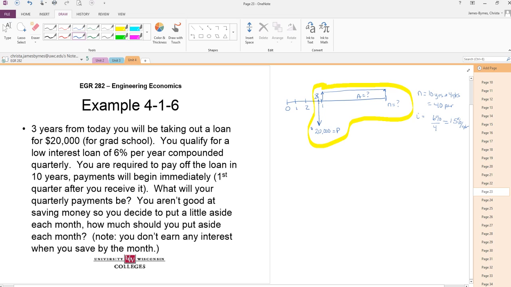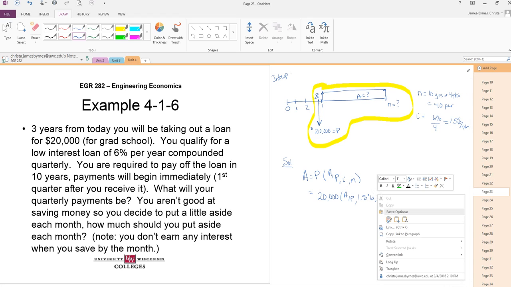What is my quarterly payment? So here's my interpretation, my given and my finds. Remember, interpret, plan, execute. Well, the plan is, let's just use the formula. A is equal to P times A given P, I, N, where P is $20,000, times A given P, I is 1.5% for 40 quarters.